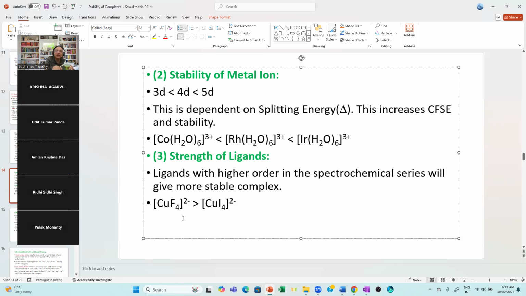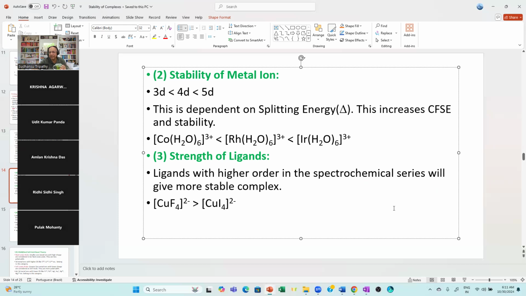I minus is in the beginning, which means it is the weakest. So Delta O is a little more for fluorido. Therefore, fluorido complexes are more stable than iodido complexes.